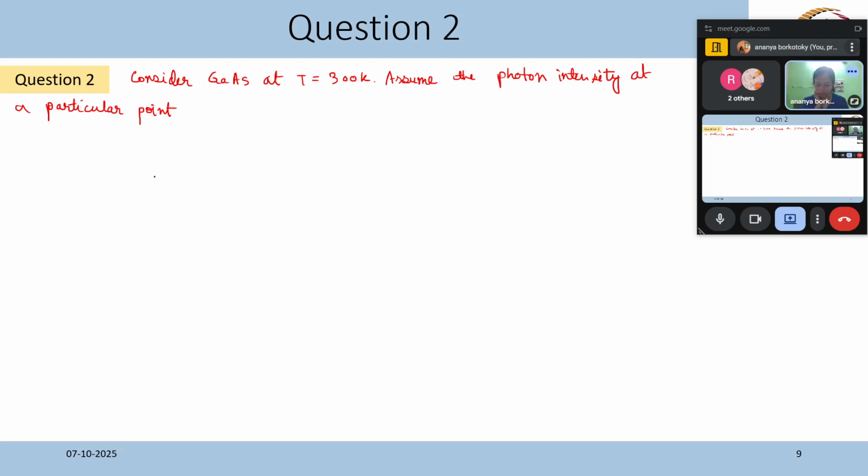This is intensity, okay? At a point it is I nu of x. I mean, again, intensity is frequency dependent, like it depends on the photon, right? It is equal to 0.05 watt per centimeter square at a wavelength of 0.793 micrometer.